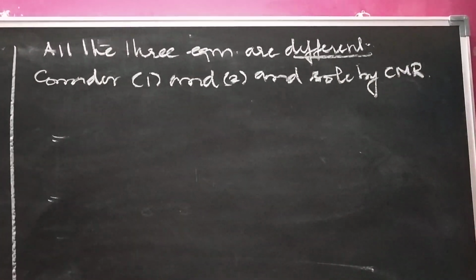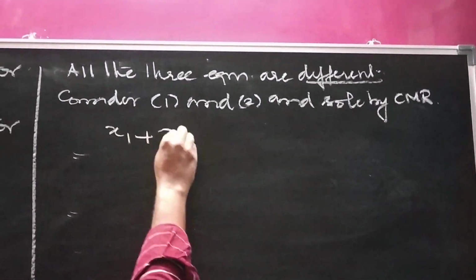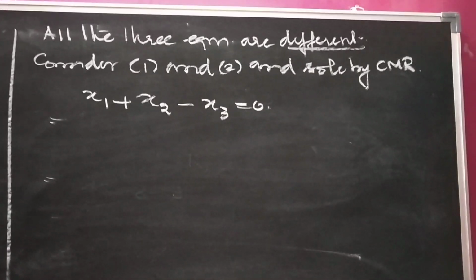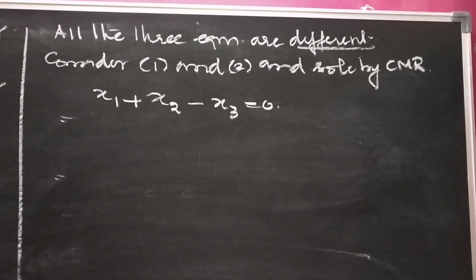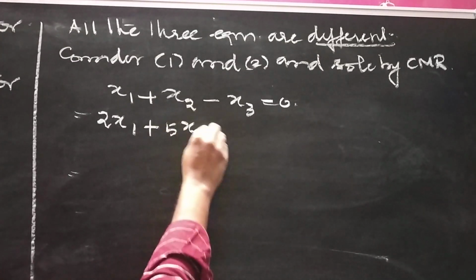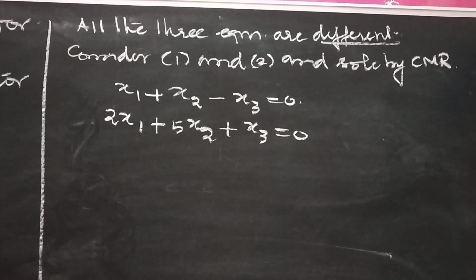What is equation 1? In equation 1, throughout divided by minus 2, we get x1 plus x2 minus x3 equal to 0. In equation 2, throughout divided by minus, we get 2x1 plus 5x2 plus x3 equal to 0. So apply cross multiplication rule.